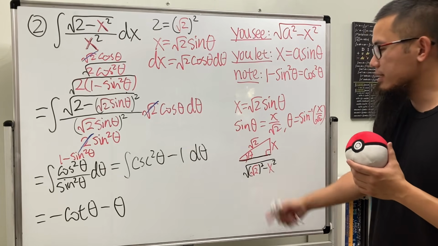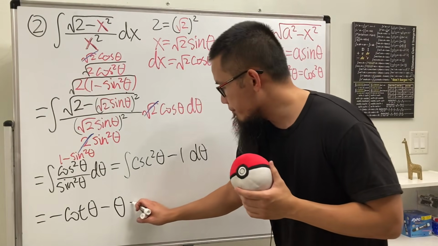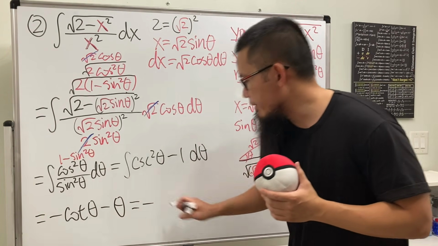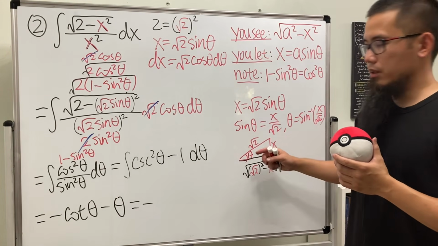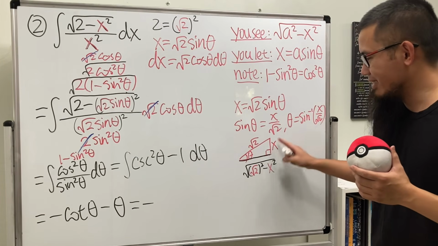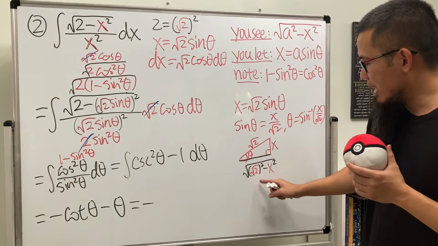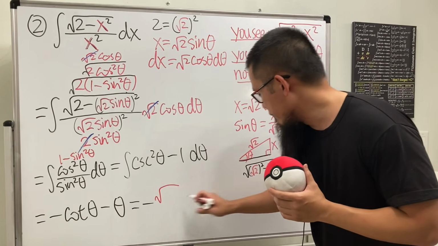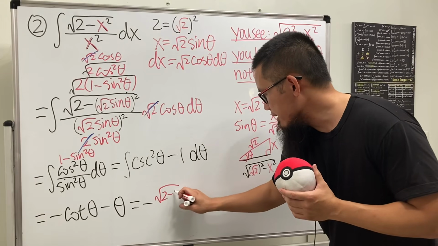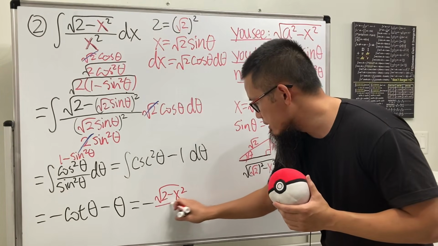And now look at this triangle, we can just do the cotangent. So have a look. Here we have negative, and the cotangent is the adjacent over the opposite, right? It's the reciprocal of tangent. So we do this over that, so we have square root of 2 minus x squared, and then over x.